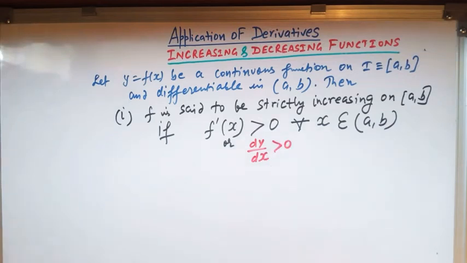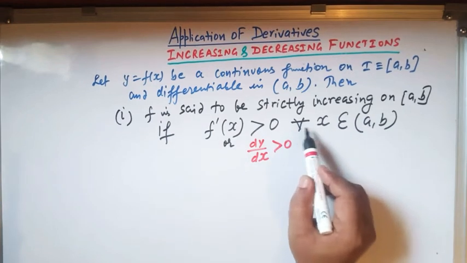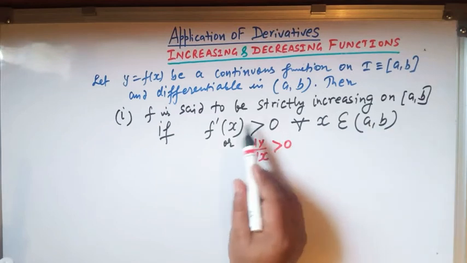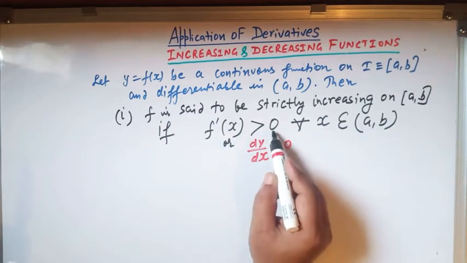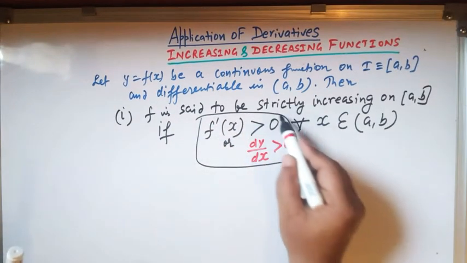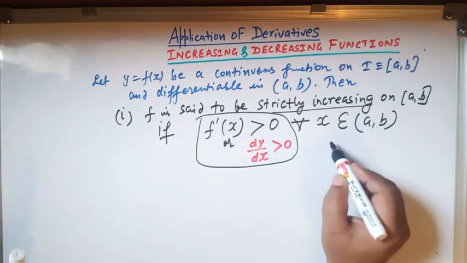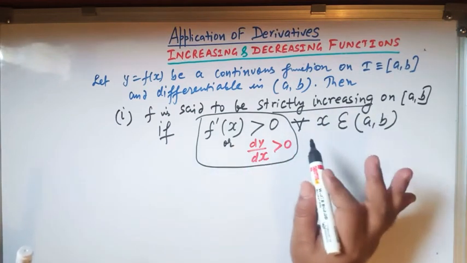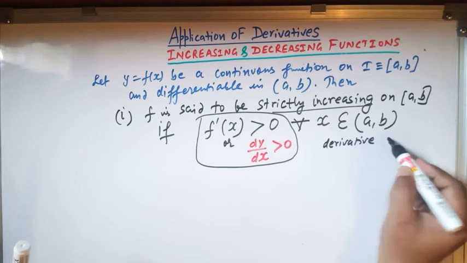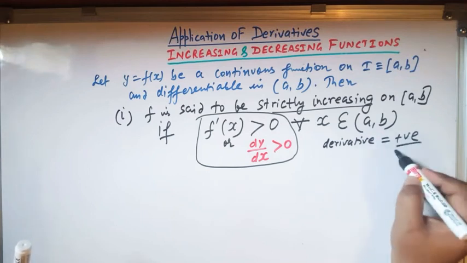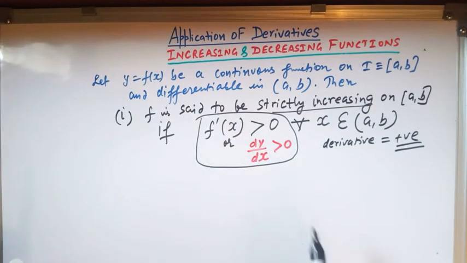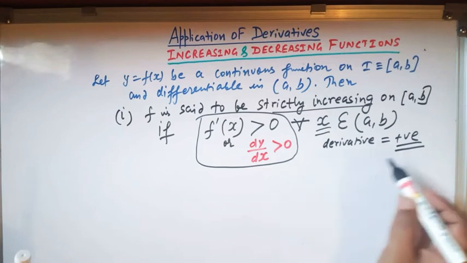So if the derivative at each x belonging to this open interval (a, b) is positive, or greater than 0, then the function is said to be strictly increasing. So the derivative has to be positive. Clear? It means the slope of the tangent at that point x should be positive. Clear?